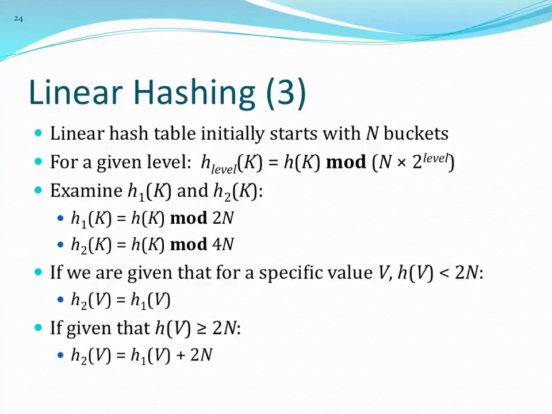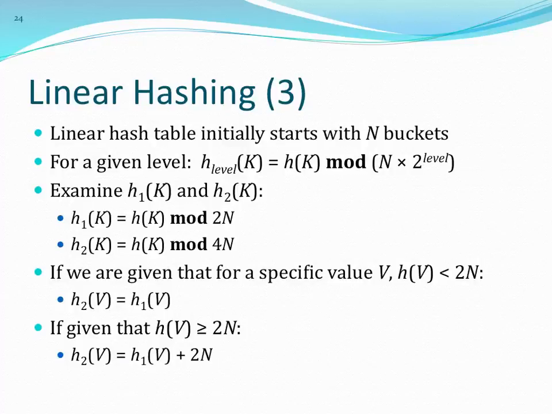Since the level 2 hash function, since we started at 0, has twice the number of buckets as the first level hash function, it is basically just adding on the number of buckets that the first level hash function is considering. That's going to be the new hash.